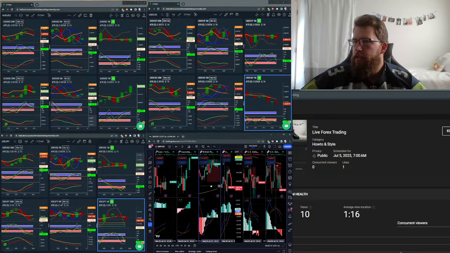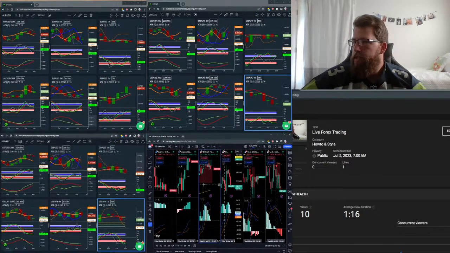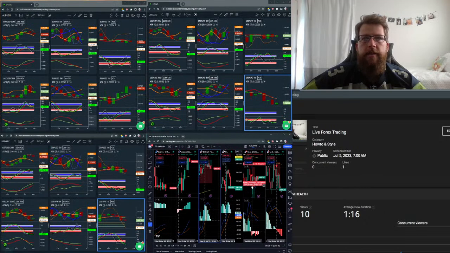Looks like we're still in on this pound trade, but it's basically where we got in right now. But that's still going. CAD trade, or sorry, the Chief trade is looking like it's still going. Not quite going the direction that we would want yet, but it's got room to wiggle.